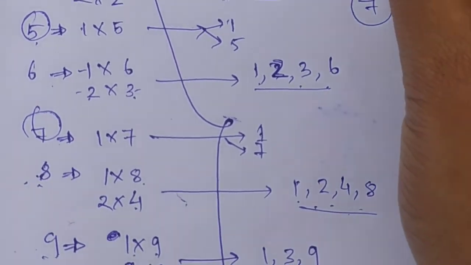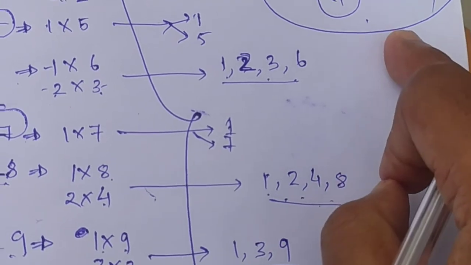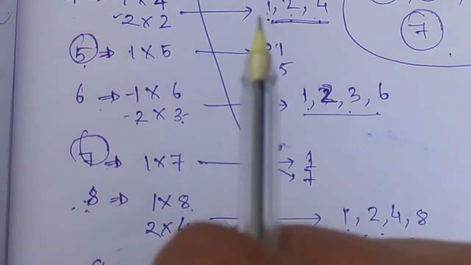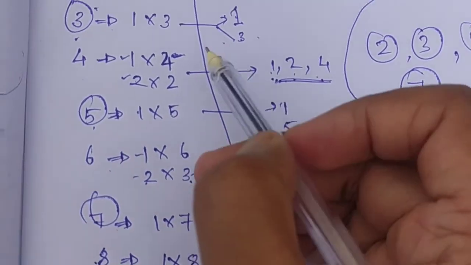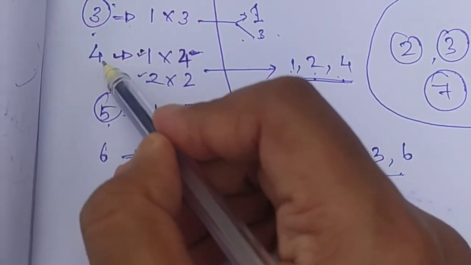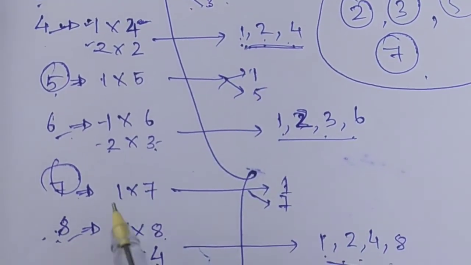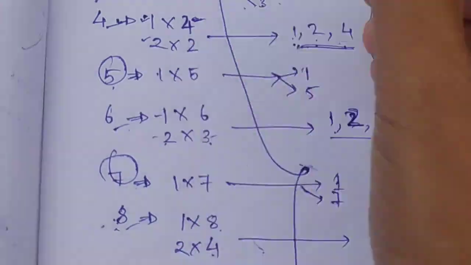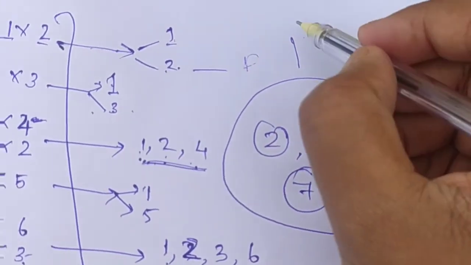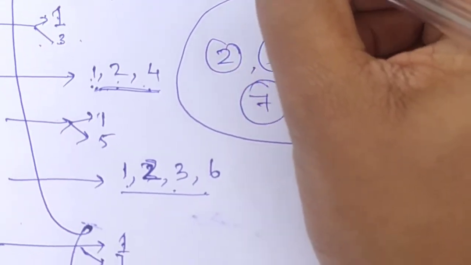So these 4 are the prime numbers between 1 and 10.